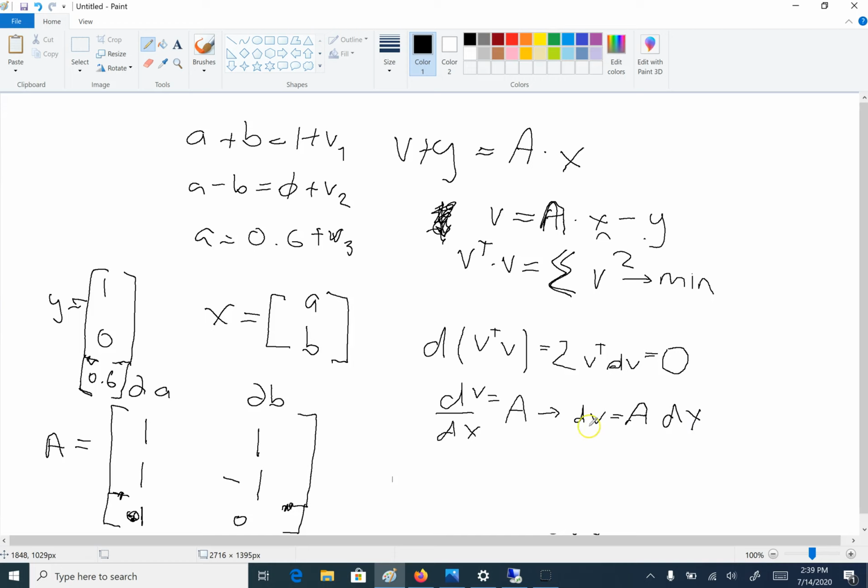Since dv is equal to A times dx, we can substitute that back into this equation.